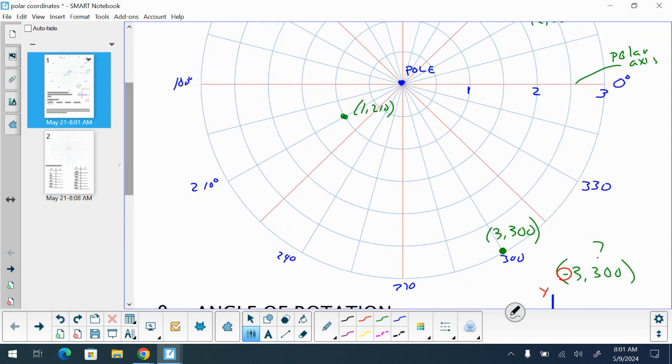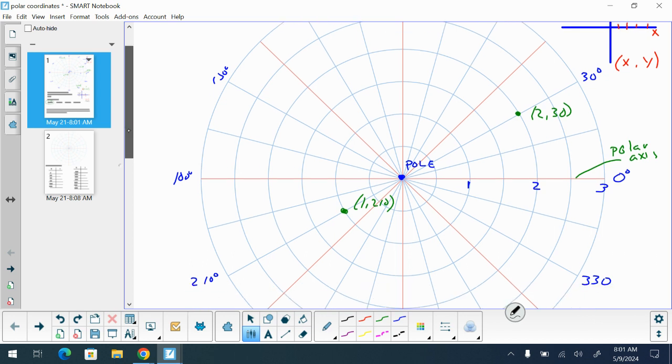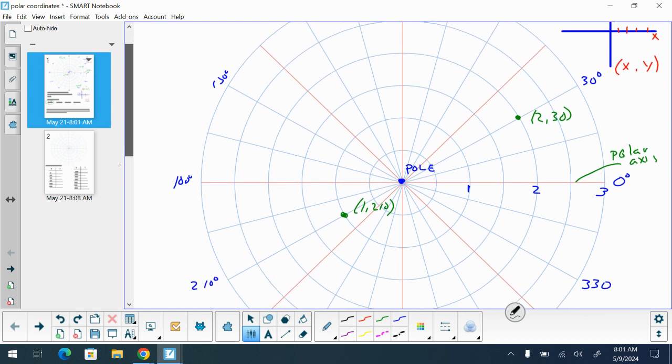That's the same method we had to think about here. If I would go to 3 and 300, it would take me out to this point right here. If I go -3, 300, where should we go? How do we go the opposite of the +3? Well, which line would we go out? On the 120 line. Think of having an axis here.